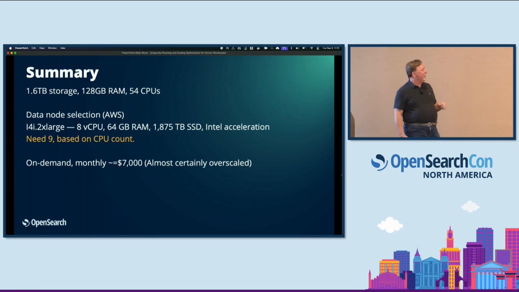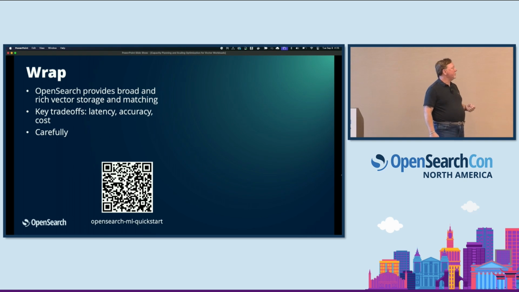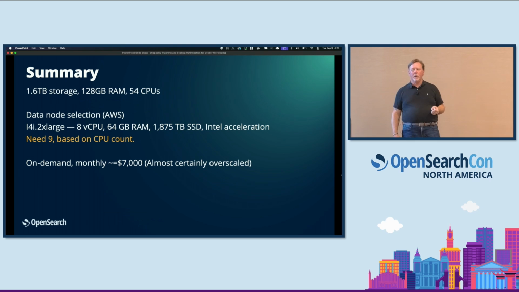In this case, we need 9, and that's mostly based on the need for 54 CPUs and to be divisible by 3 into 3 availability zones. That works out to about $7,000 monthly. QED. So any questions?